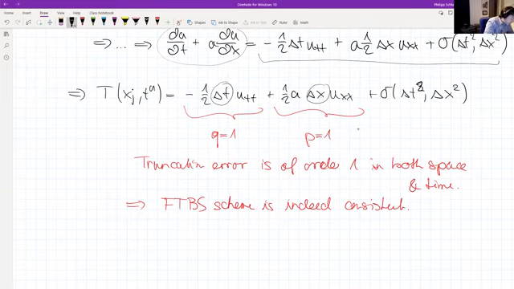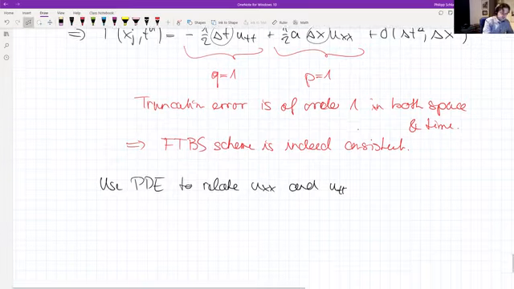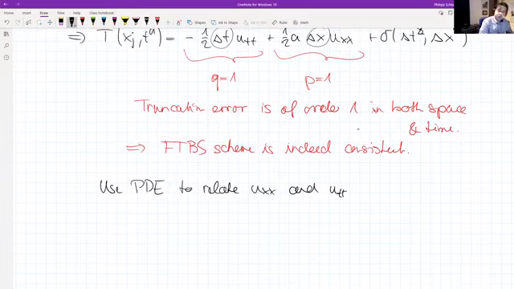So what we can do now is we can use the partial differential equation to relate uxx and utt with each other. Well, how do we do that? Well, we just derive the partial differential equation both with respect to x and with respect to t, and then exploit that uxt is the same as utx.